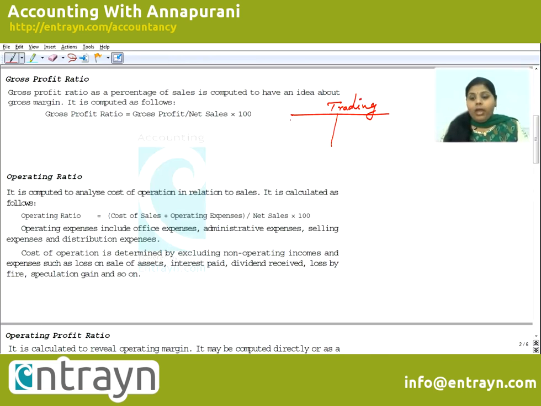Yes, you have opening stock, purchases, wages, all direct expenses, carriage inward. Then you have the sales, then the closing stock, and your gross profit comes here. The sales amount is inclusive of the gross profit.